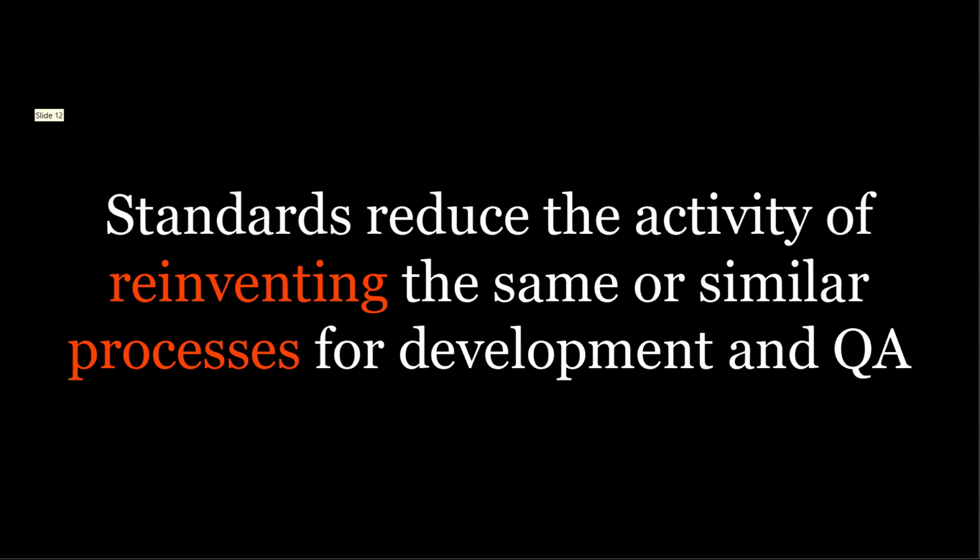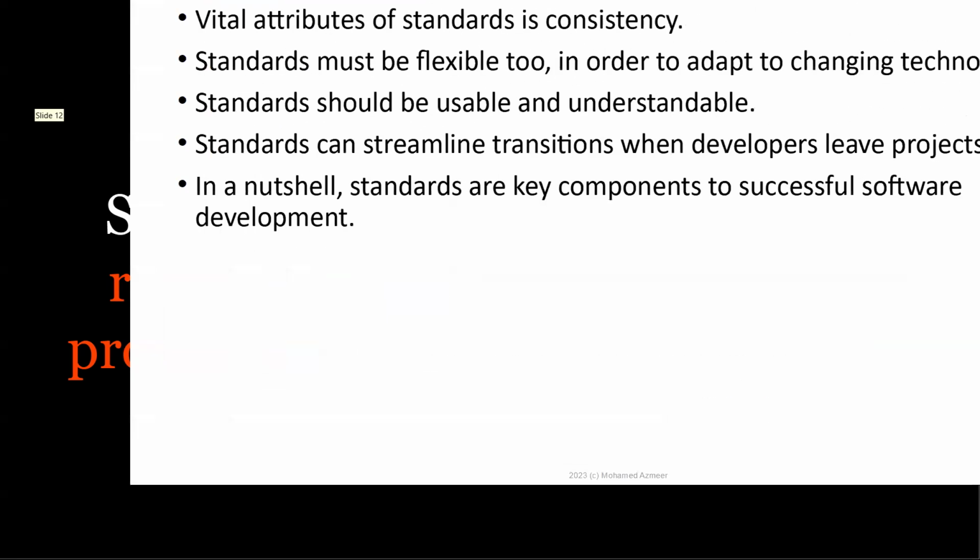As it says, standards reduce the activity of reinventing the same or similar processes for development and QA. Meaning, if you have a standard, that will reduce the requirement of redoing the processes. We'll see what it means.